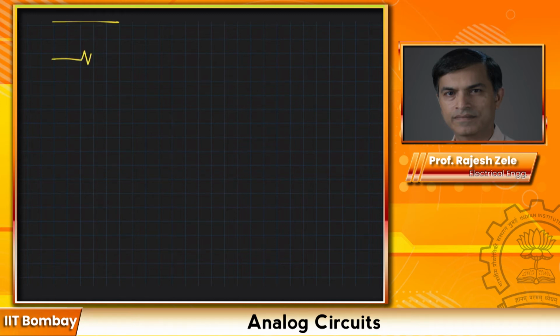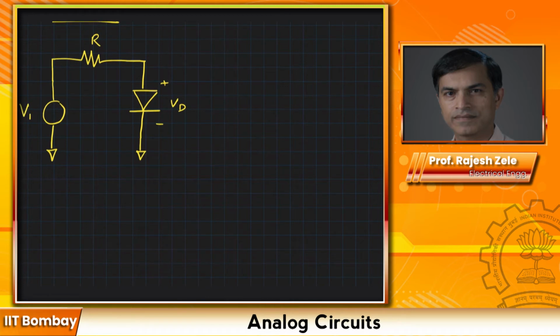Take the previous example again. If I apply a V in voltage, I'm going to get a certain current ID flowing through the resistor, and I'm going to get a VD voltage across the diode, with V in being the DC voltage.